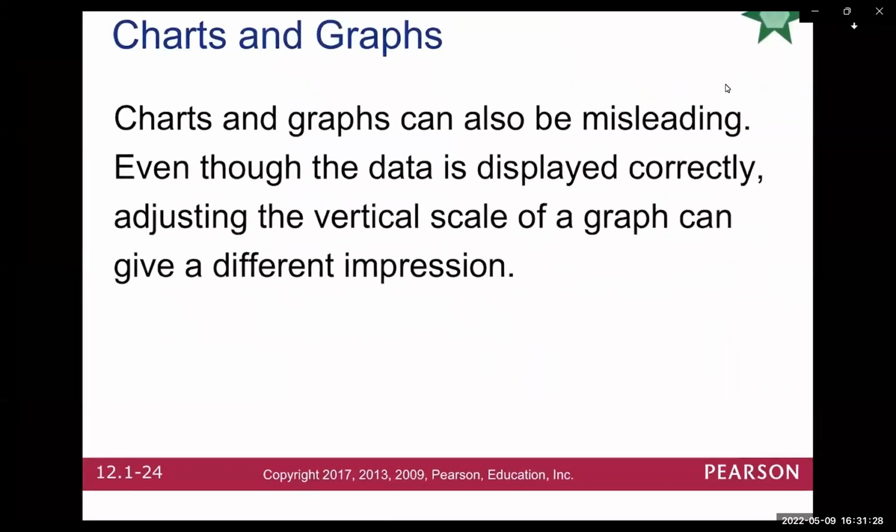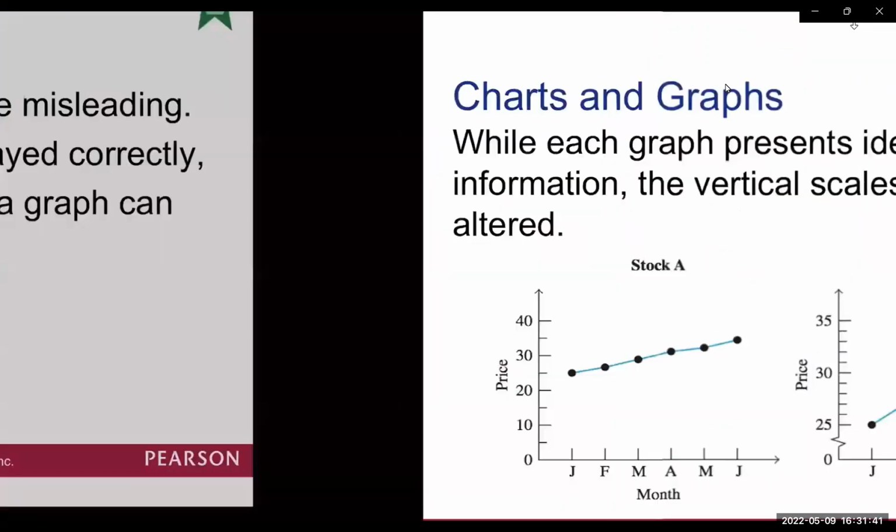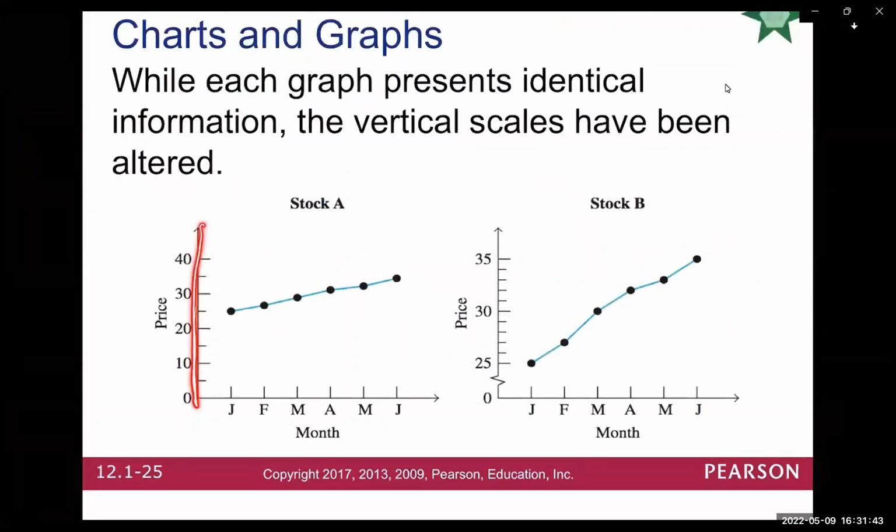Charts and graphs can also be misleading, even though the data is displayed correctly. Adjusting the vertical scale of a graph can give a different impression. So let's look at an example. The vertical scale, that would be this right here. While each graph represents identical information, the vertical scales have been altered. This one appears to be going by fives: 5, 10, 15, 20, 25, 30, 35, 40.